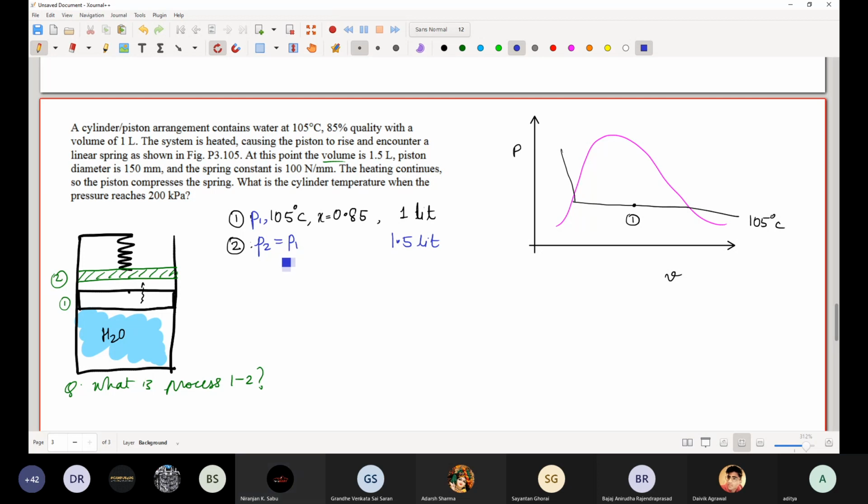Why is it isobaric, sir? Because when the spring has not been in contact with the piston, it is simply rising up, and the pressure acting on the fluid is solely because of the weight of the piston and the atmosphere. The weight of the piston and atmosphere is not changing.